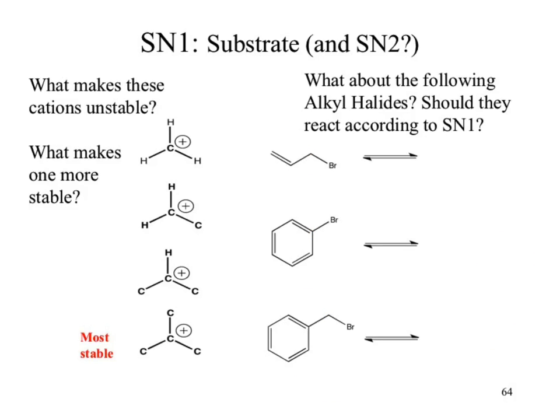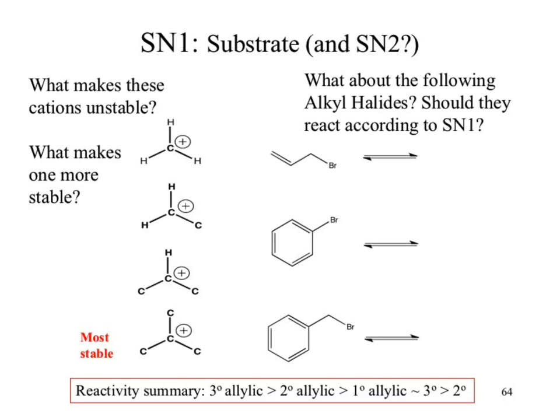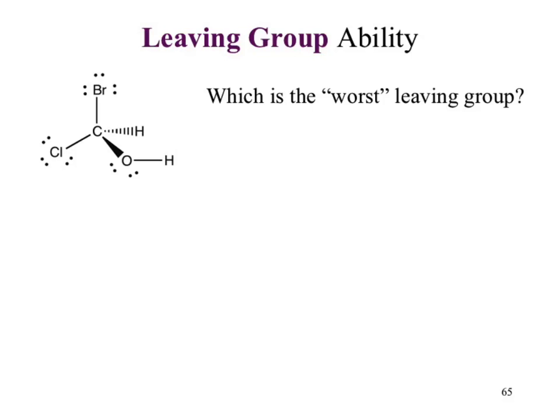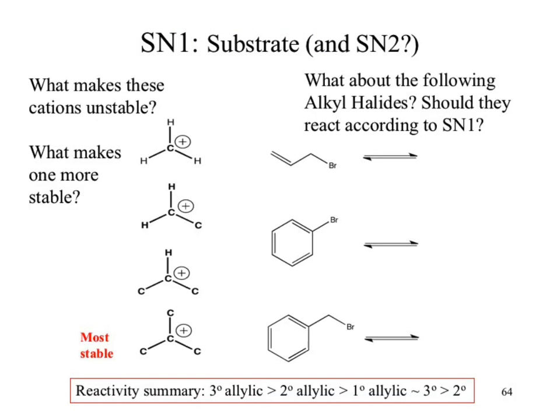Clear it up. What happens if we make it? Nope, that didn't work like I thought it would. We've got a reactivity summary at the bottom. That reactivity summary is for which mechanism? SN1. The tertiary allylic is more stable than the secondary allylic, more stable than the primary allylic, which reacts faster than the tertiary, faster than the secondary.